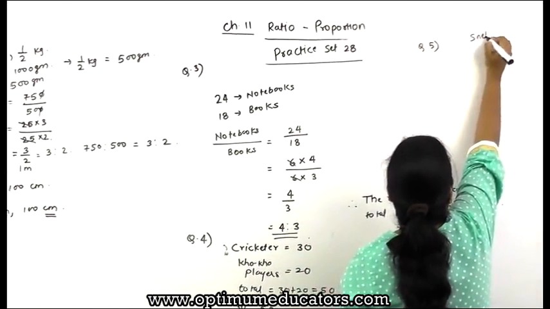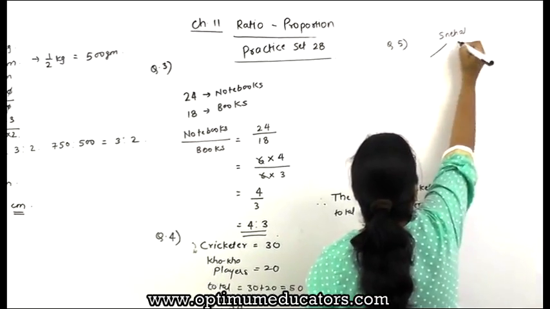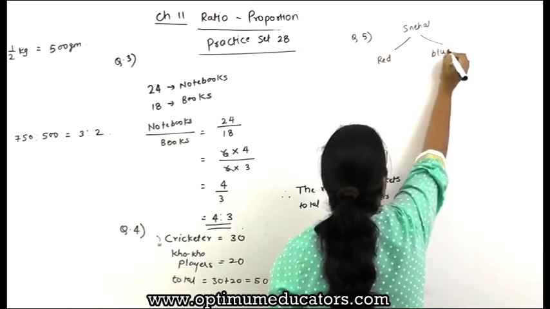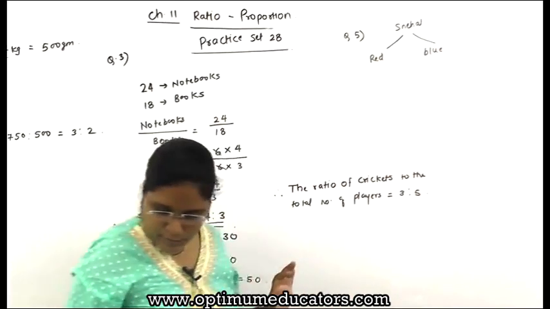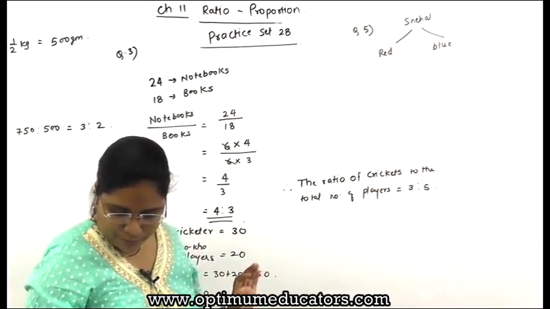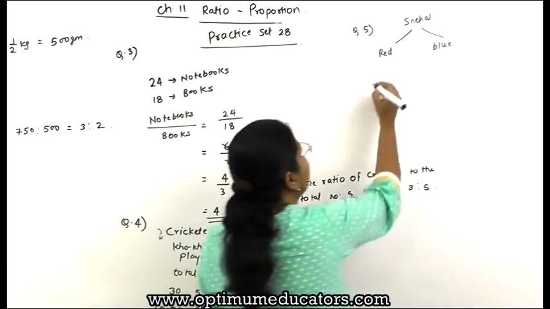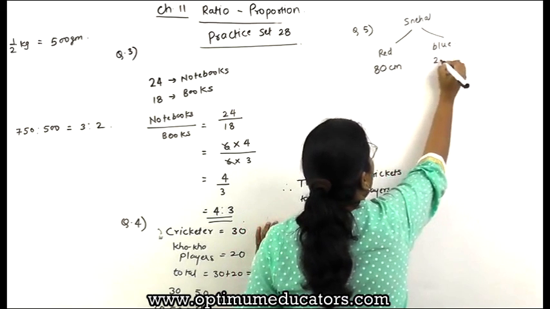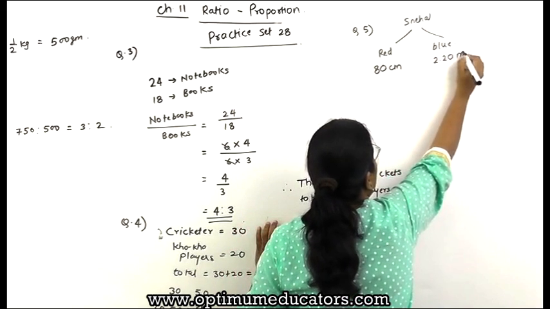Snehal has two types of ribbon, red and blue. Red ribbon is 80 centimeters long, and blue is 2.20 meters.